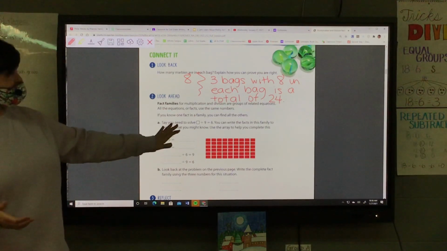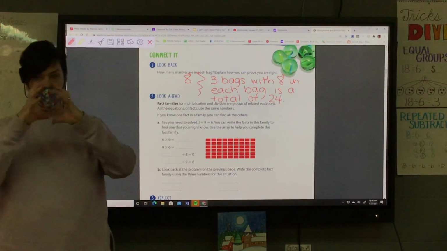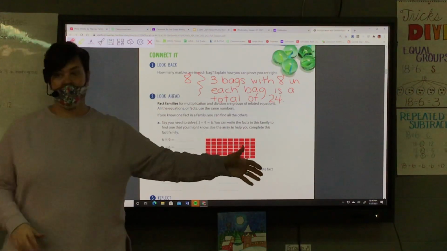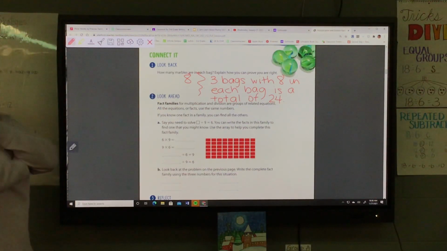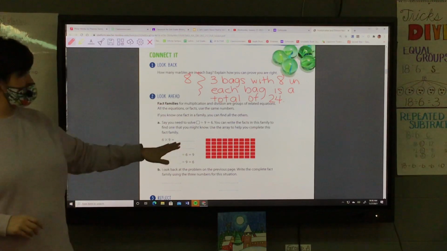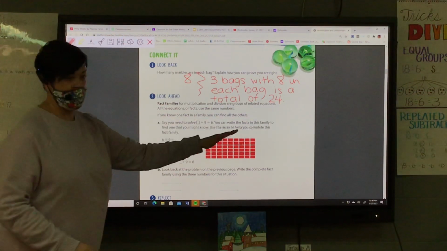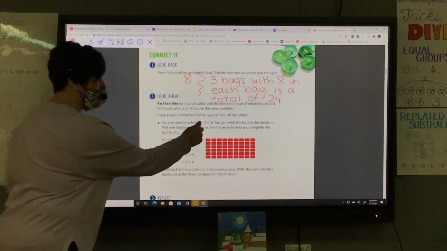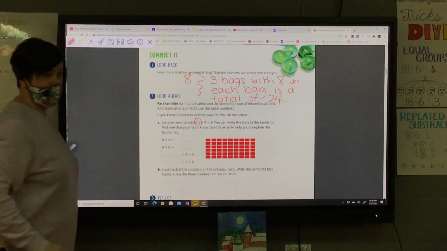So let's say you need to solve this number divided by 9 equals 6. You can write the facts in this fact family to find one that you might know. So we can work backwards. 6 times 9 equals that number, right?